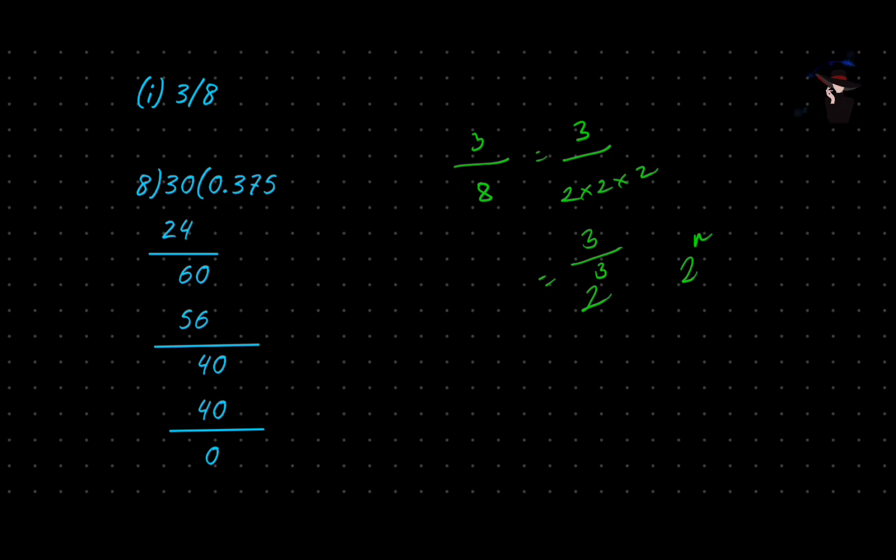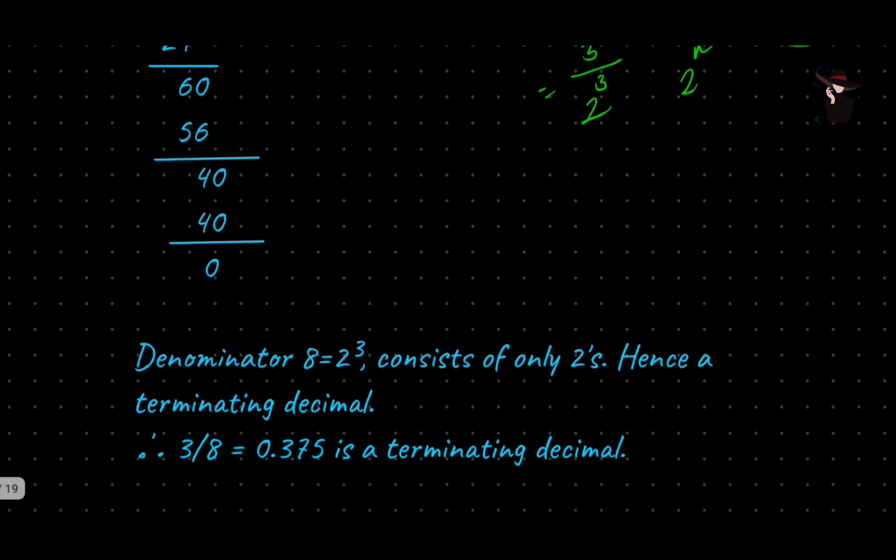We need either 2 power n or 5 power m, any of these or both. So we got 2 power n as 2 cube. So the denominator is in the form of 2 cube, consisting of only 2's, hence a terminating decimal, right? And the decimal form is 0.375.